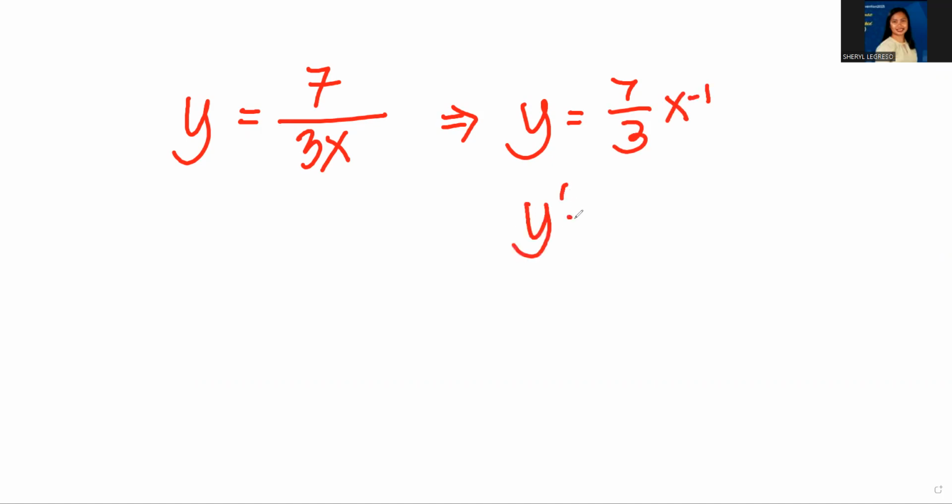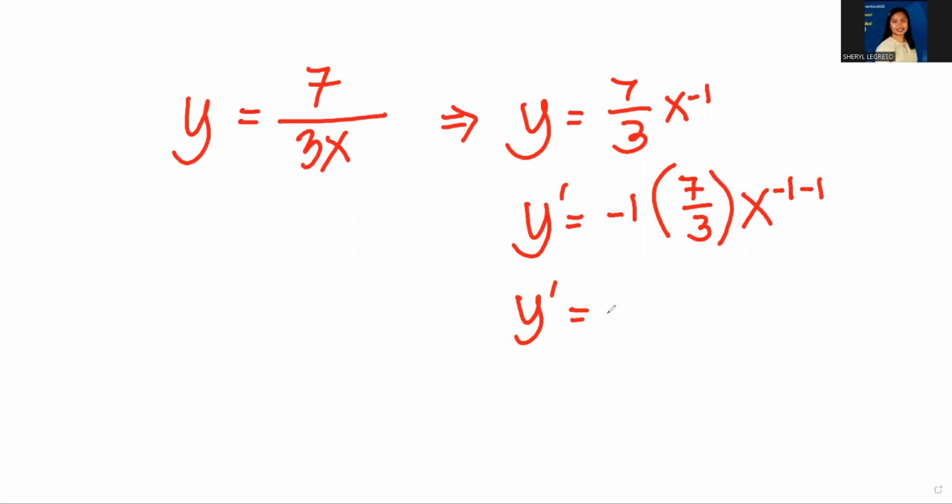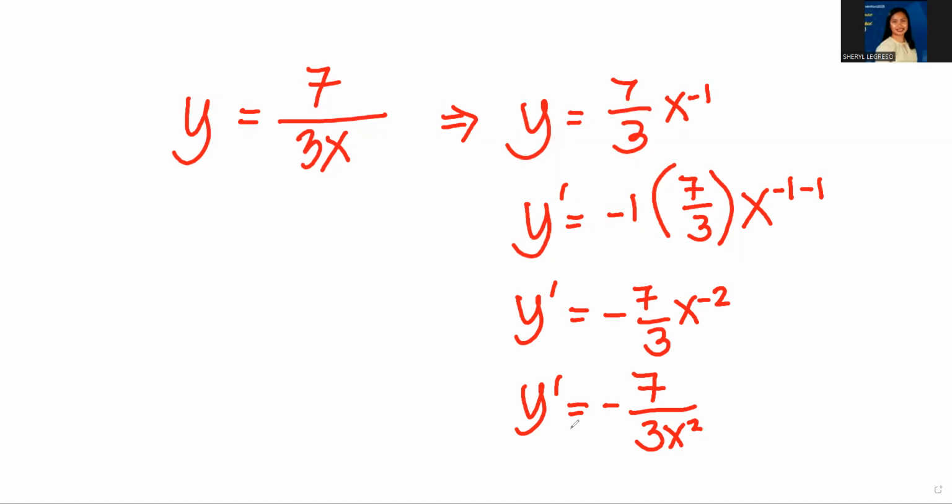Finding y prime, we have negative 1 multiplied by 7/3. Then put x raised to negative 1 minus 1. Therefore, y prime is equal to negative 7/3 x raised to negative 2, or we can rewrite that as negative 7 over 3x raised to 2.